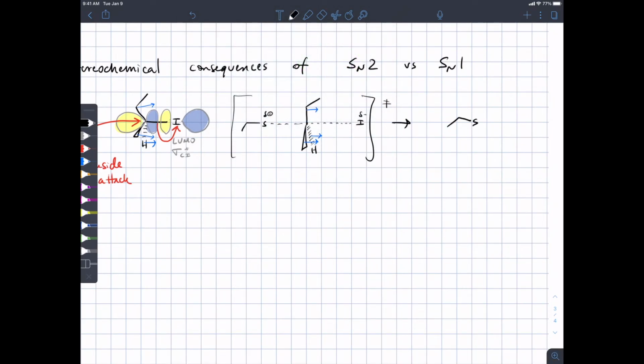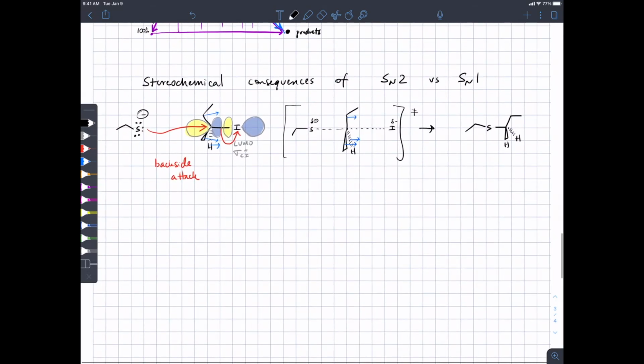And in the product, we're going to see that the nucleophile came in and attached itself to the opposite side of the molecule to where the iodide used to be. Okay? This switch may be easier to see if we draw the molecule in a slightly different way.